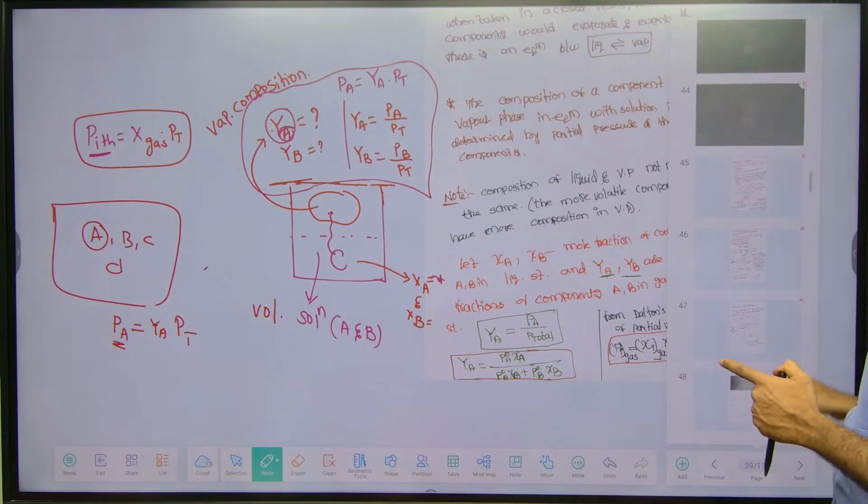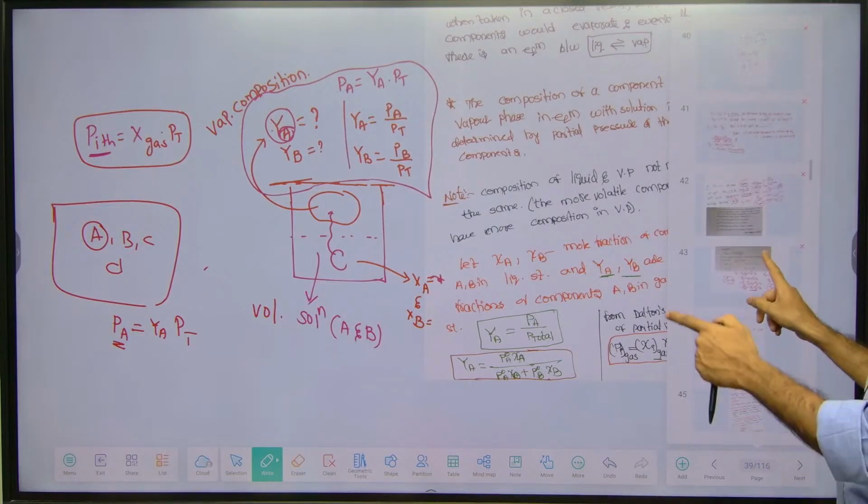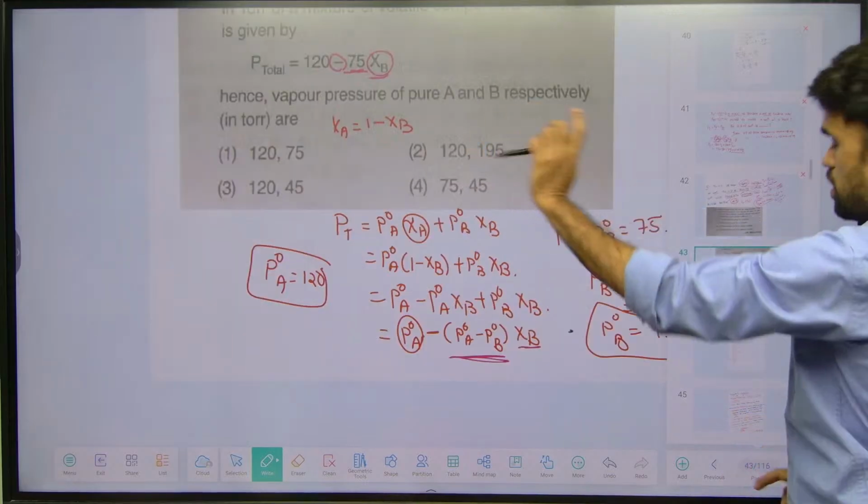Done up to here, everyone? These formulas only.